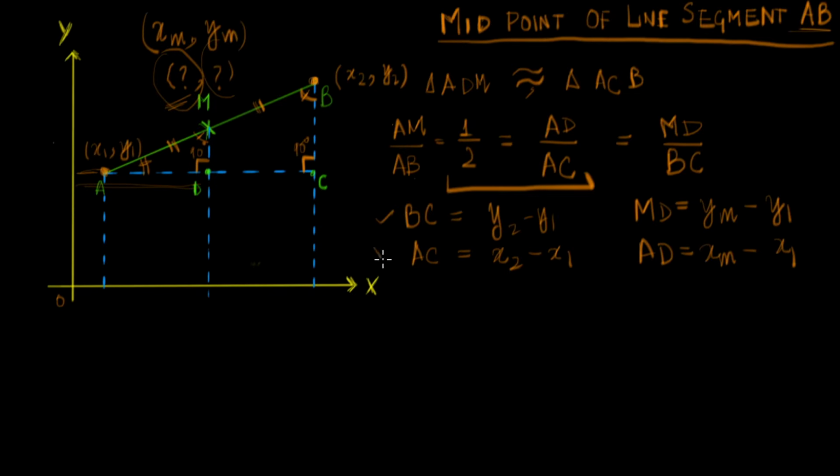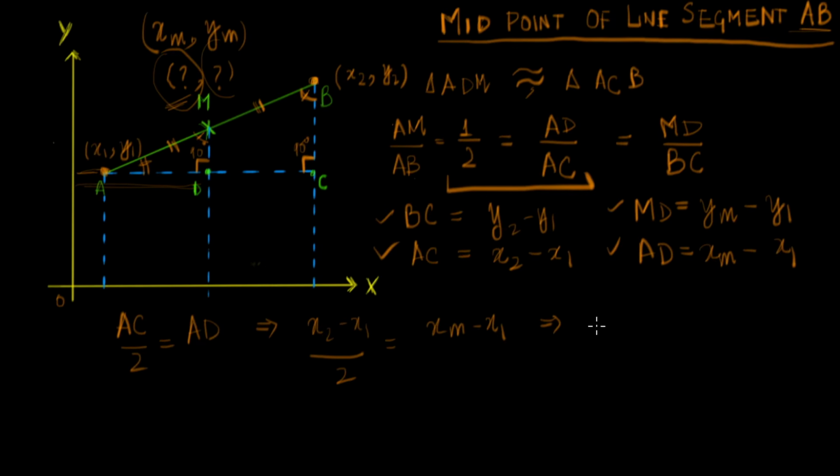Right, so we have the key information of the 4 line segments that we had in a formula before. Now let us consider this equation for a moment. So we have AC by 2 equals AD, which implies, let us substitute, x2 minus x1 by 2 equals AD, which is x sub m minus x1.